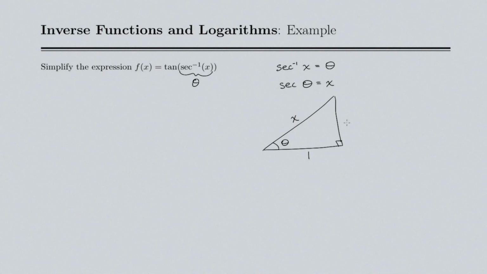And we can solve for this third side by using the Pythagorean theorem. And we'll call that y. And 1 squared plus y squared equals x squared. And if we solve for y, we get the square root of x squared minus 1.